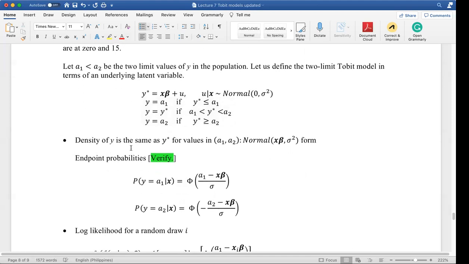So note that the density of y is the same as for y star if the values are between a sub 1 and a sub 2. If y star is between a sub 1 and a sub 2, we actually observe y star, that is y.